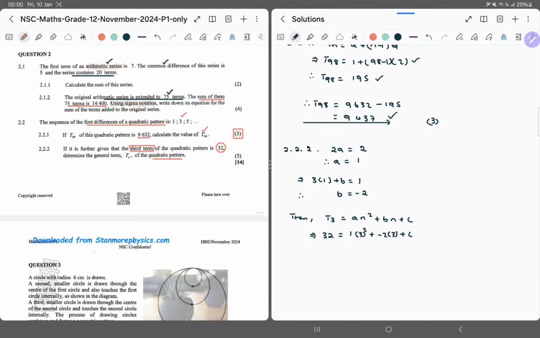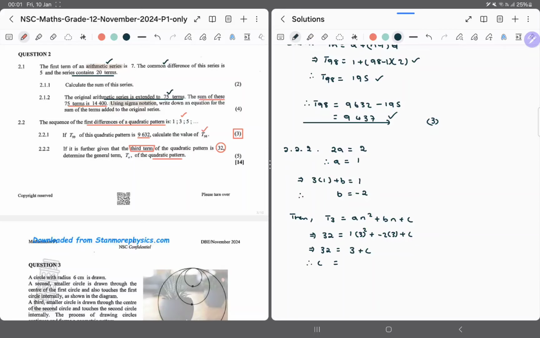Yes, trying to complicate my life now. So this implies that 32 is equal to 3 squared is 9, so 9 times 1 is just 9. And then this is 6, so 9 minus 6 is 3 plus c. Therefore, our c is going to be 32 minus 3.